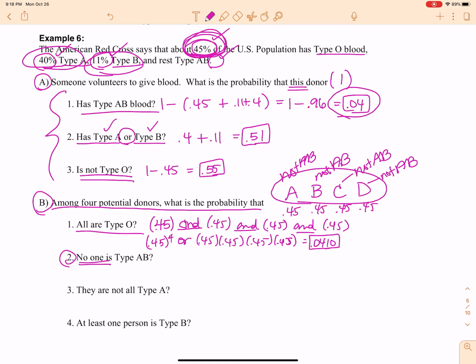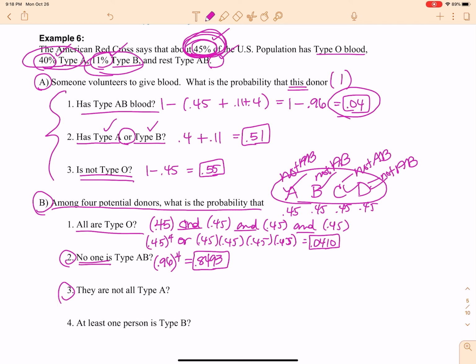So the probability one individual does not have type AB is 0.96. And in this case, I'm talking about every single one of the 4 people. So that's going to be 0.96 to the 4th, just like the problem we just did. So this gives me 0.8493. Don't worry, I'm not doing these in my head. It's called a calculator, kids.